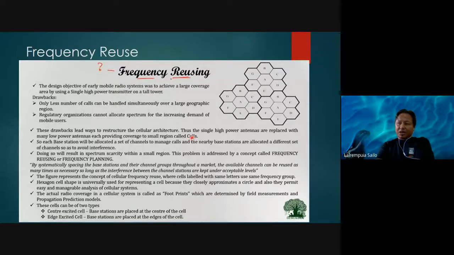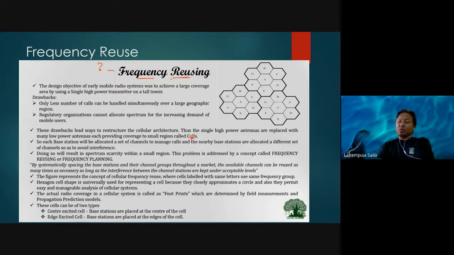Channel means a different frequency. In the olden TV technology also, we had different channels. We can tune to each and every channel. If you want to view ESPN or Star Sports or Star Movies, then you have to tune to the particular channel.